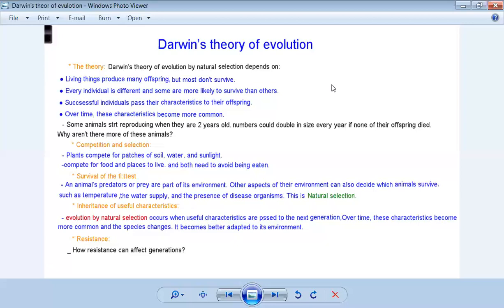For example, if we have rats or any kind of rodents, and we fight them with too much medicine, insecticides, pesticides, anything, over generations, their bodies will adapt to these chemicals.